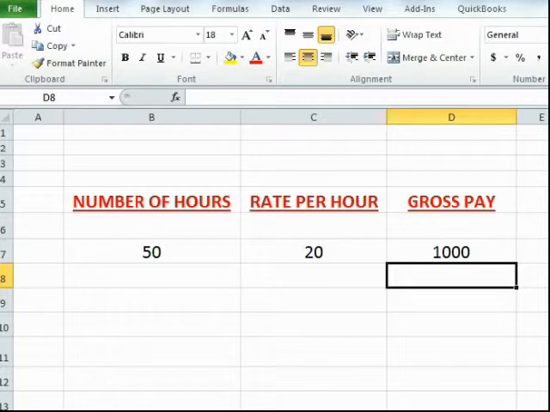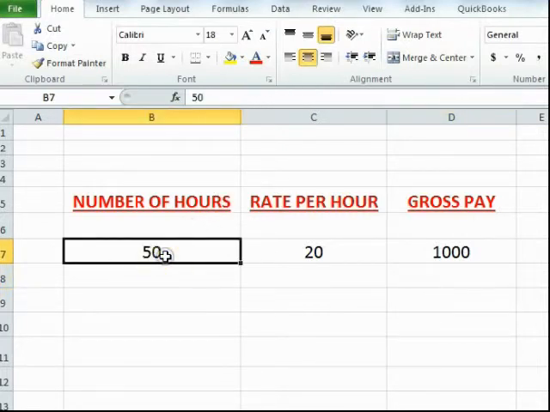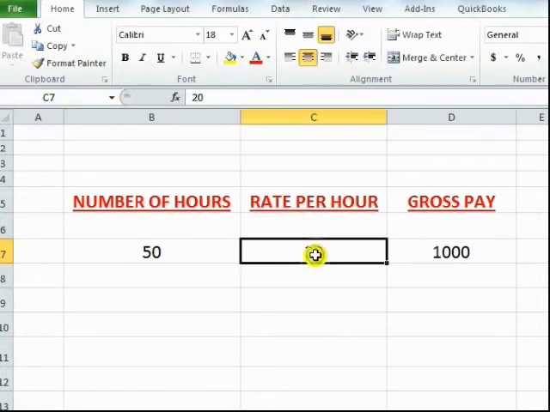But the most important thing to take away from this presentation is the behavior of the formula bar. When I click on cell B7, I see the number 50. When I click on cell C7, I see the number 20 both in the body of the spreadsheet in cell C7 as well as in the formula bar.